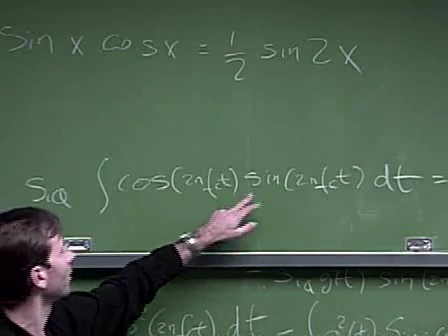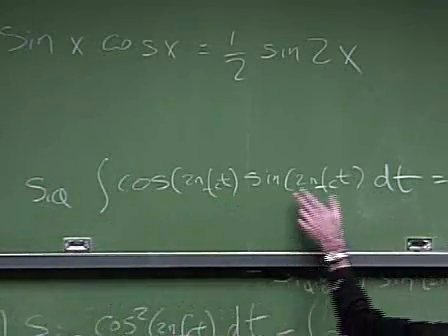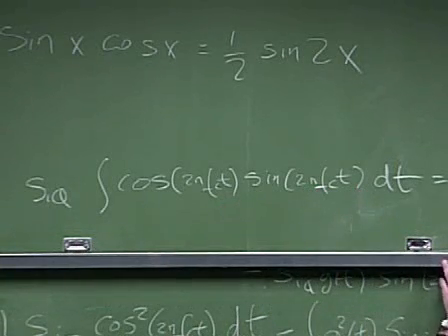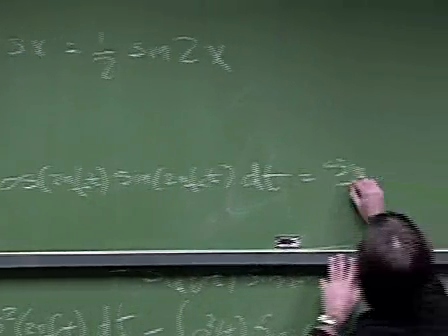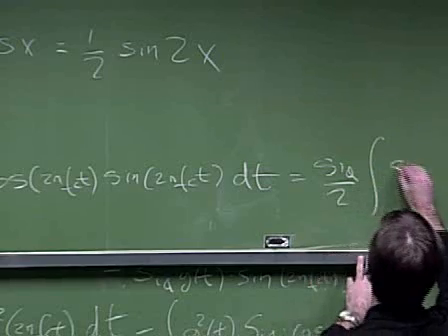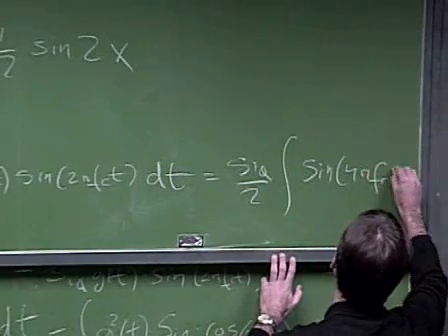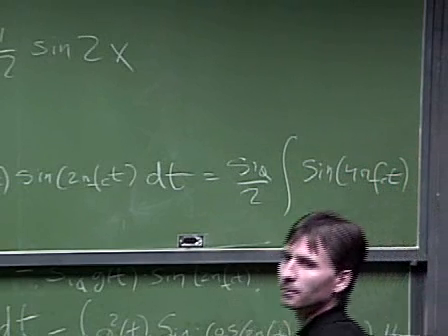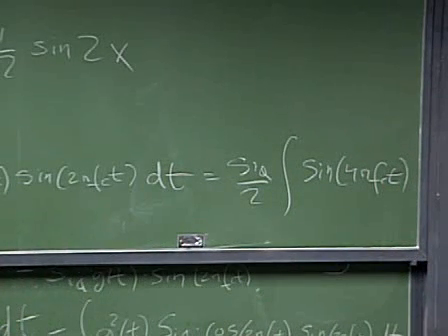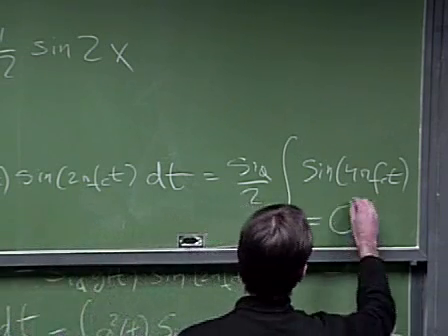This is the sine of twice the argument. So this is S_IQ divided by 2, the integration of a sine of 4 pi f_c t. As long as the integration is over an integer number of cycles, it is equal to 0. So this is 0.